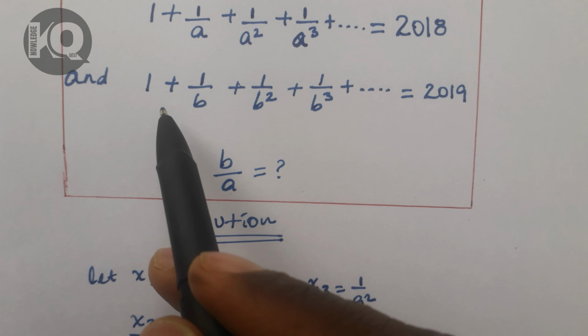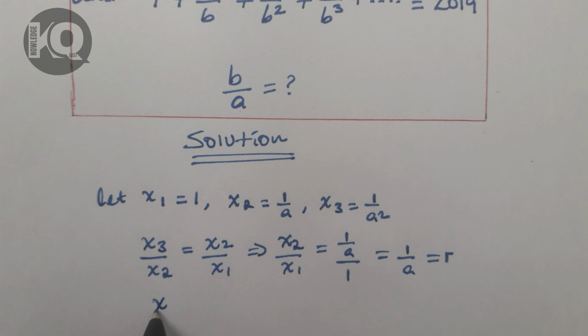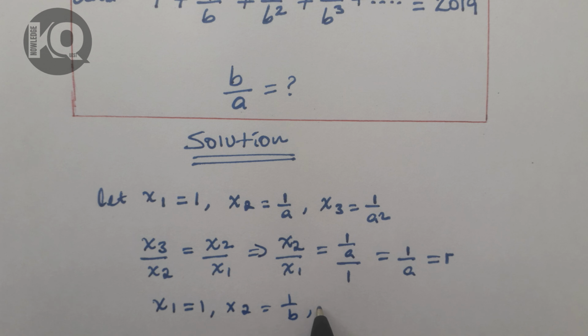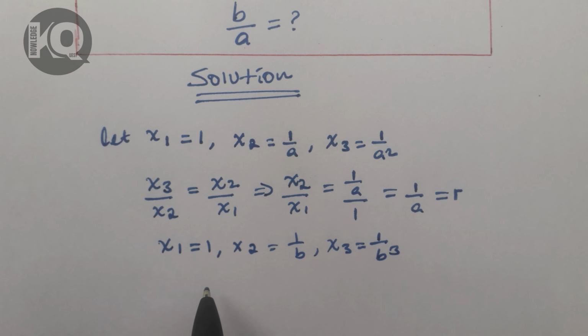And for the second case, 1 plus 1 over b, we can take x1, which is equal to 1, x2, which is equal to 1 over b, and x3, which is equal to 1 over b squared. In a similar manner, x2 divided by x1 is 1 over b divided by 1, which is equal to 1 over b, which is r.